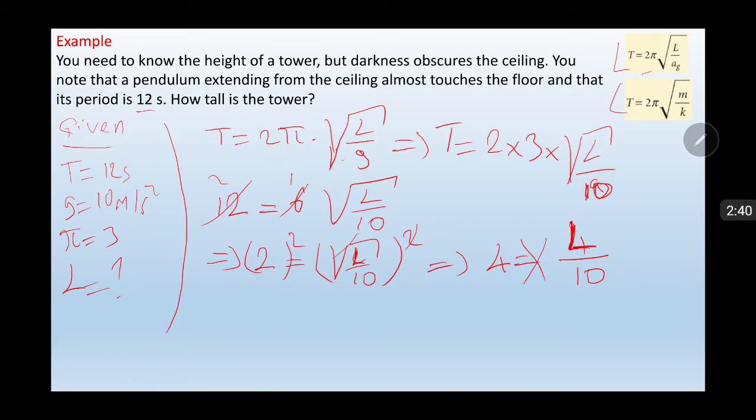Cross multiplication: L equals 10 multiply 4, equals 40 meters.